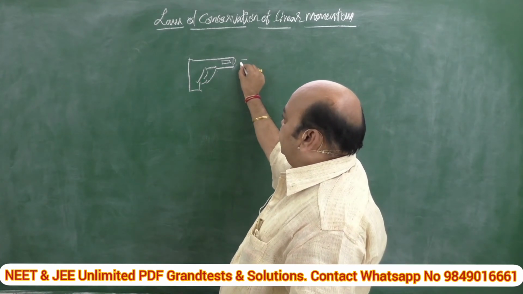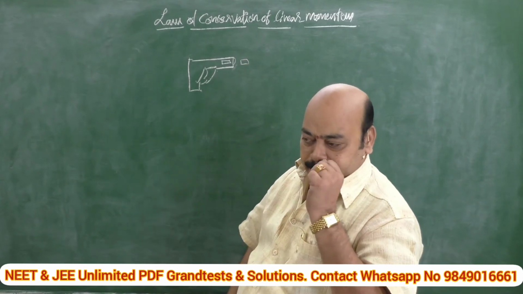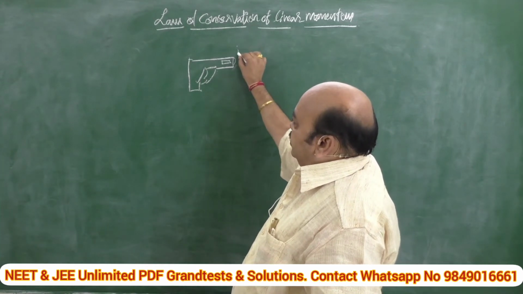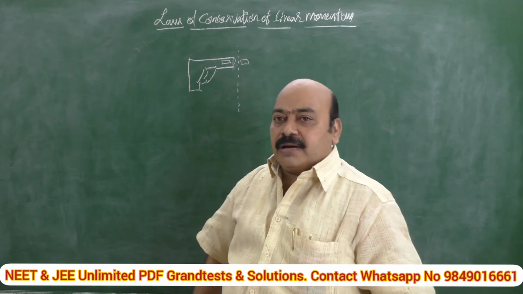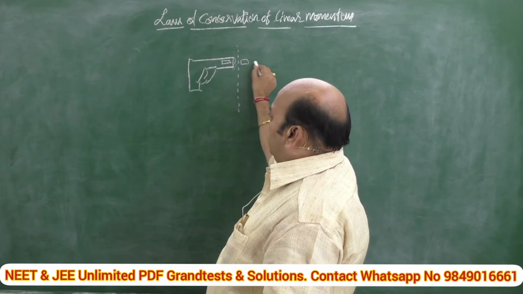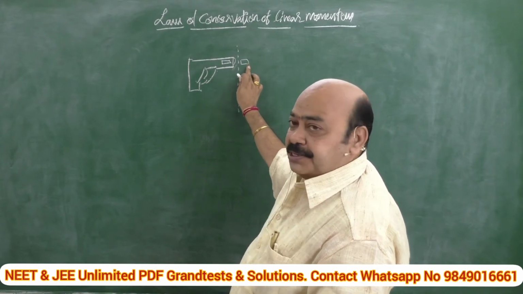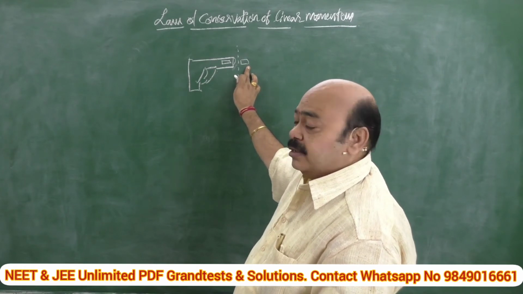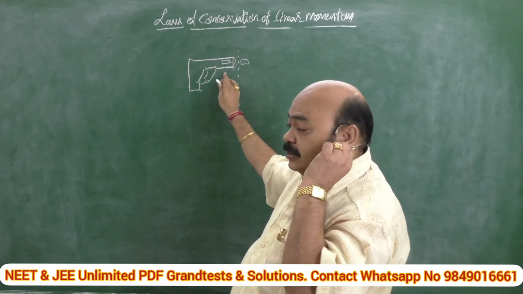The bullet comes out, it is delivered with a certain velocity based on the power of the gun. This is called initial and this is after. According to Newton's third law, when the bullet is fired from a gun, the gun exerts some force on the bullet. At the same time, the bullet also exerts a certain force on the gun.